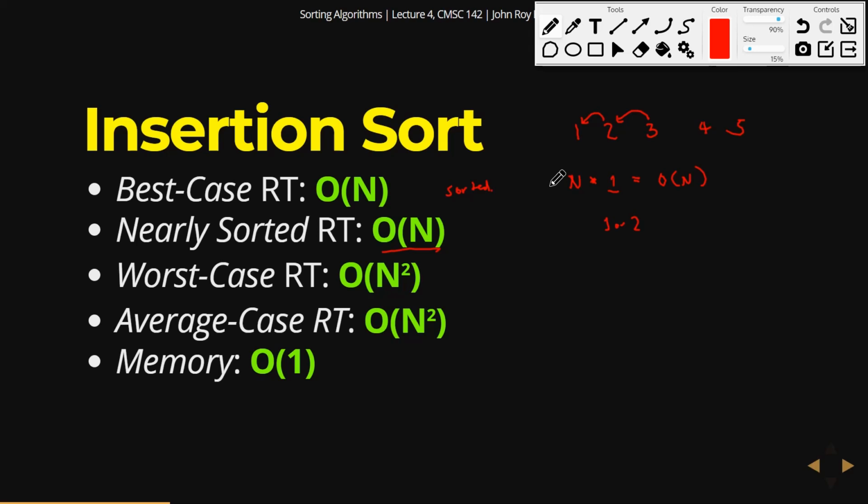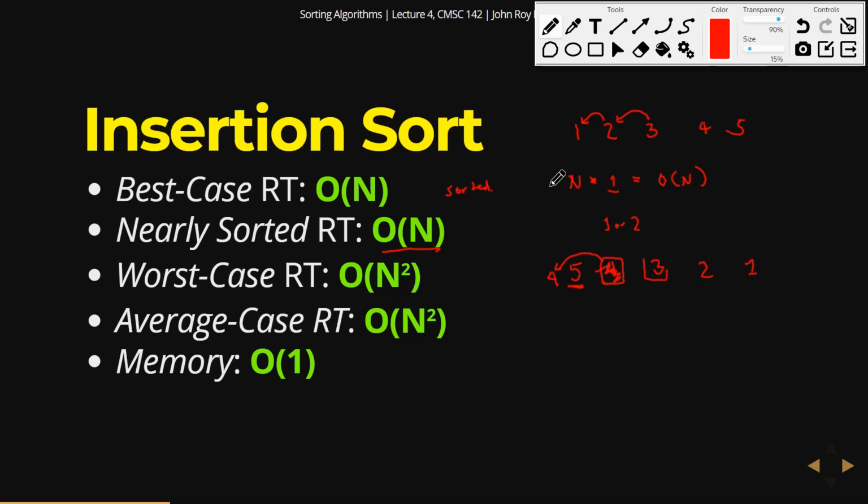Now the worst case and average case would be around n squared. What would be the worst case? If it's reverse sorted, right? So 5, 4, 3, 2, 1. Assuming that the 5 is the only one sorted for now, if we look at 4, we'll have to insert it here, so it becomes 4, 5, 3, 2, 1.